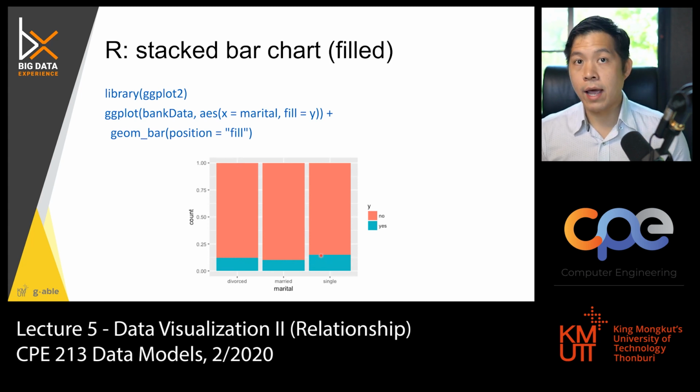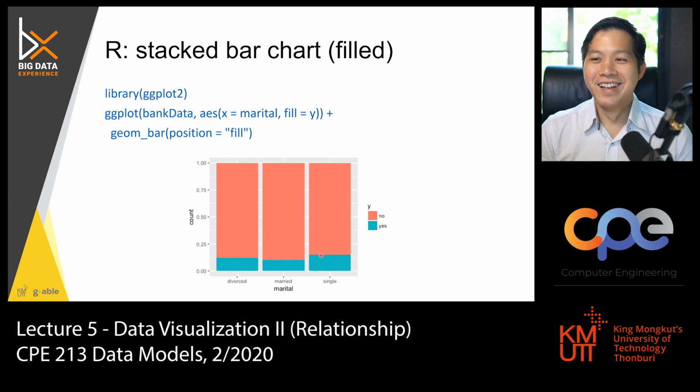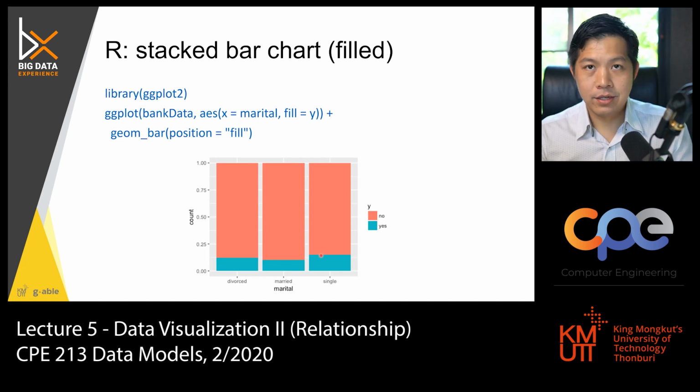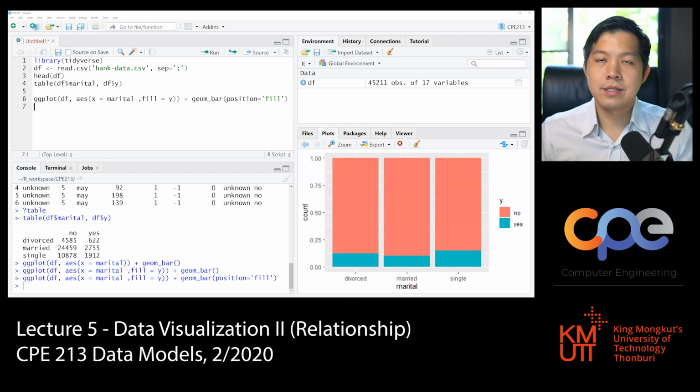Right? You can know that beforehand. Now you are like an astrologer, trying to observe things and then predicting futures. Okay, so this can be done easily by using position equal fill. And you got the stacked bar chart.